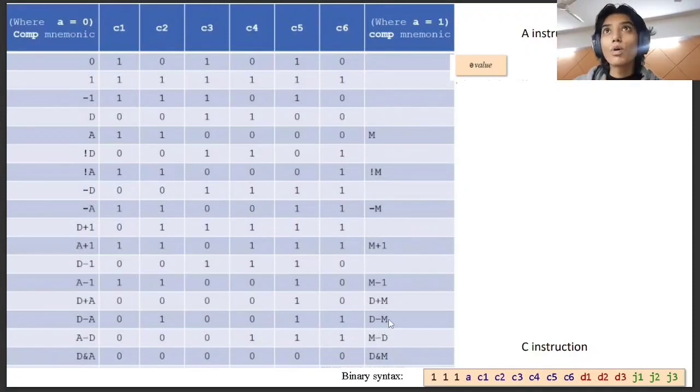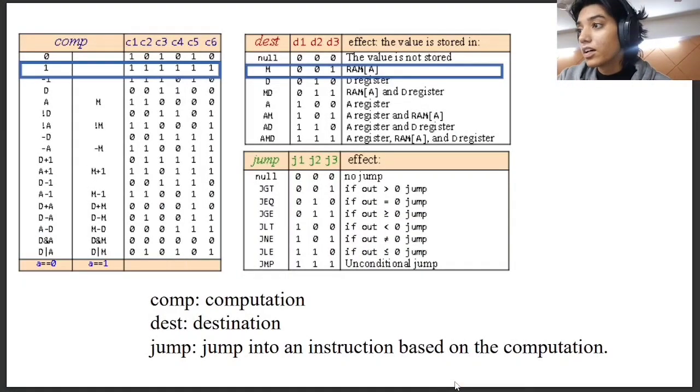We are also dealing with D. If you know about the ALU, we have X and Y. X is always D and Y keeps on changing. It depends on this A bit, whether it would be A or M. Now let's look at this table.